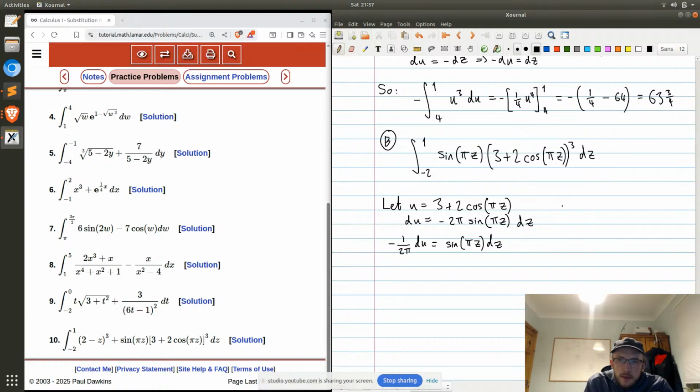Now, if z is equal to negative 2, what does that mean u is equal to? That thing there, which I should be able to do mentally. You have to push against the urge to be lazy. Cosine of minus 2 pi is 1.